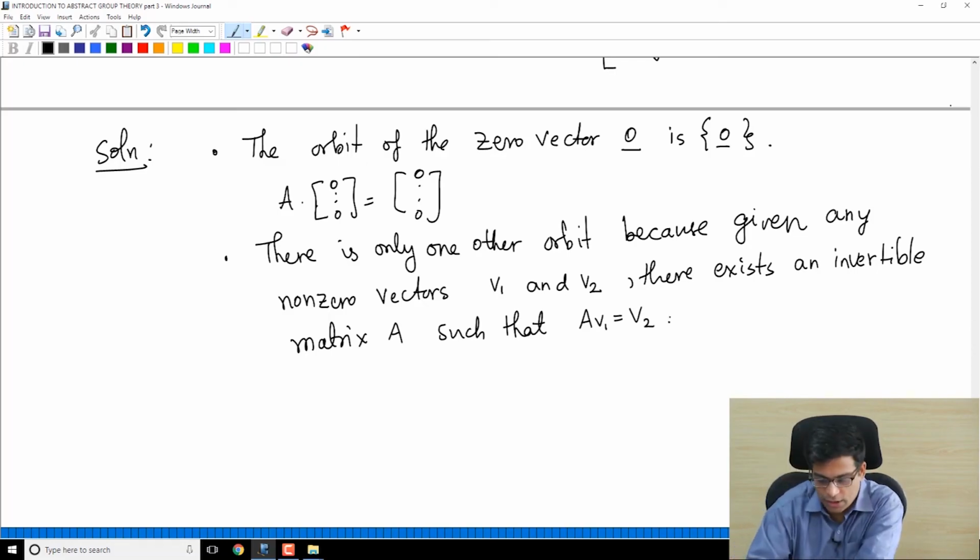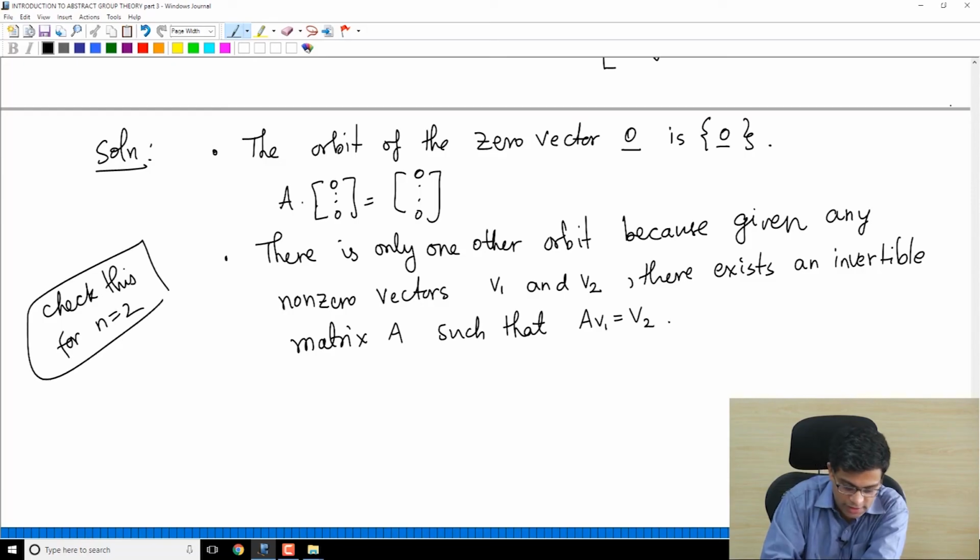So this is something that I said is a fact, and I don't want to prove this now, but you can check this easily at least when n equal to 2. So check this, I will leave this as an exercise for you. For n equal to 2, it's very easy to check because it's all 2 by 2 matrices and vectors of length 2. You can easily cook up a matrix which achieves this, given V1 and V2.